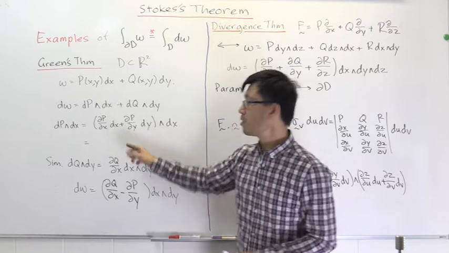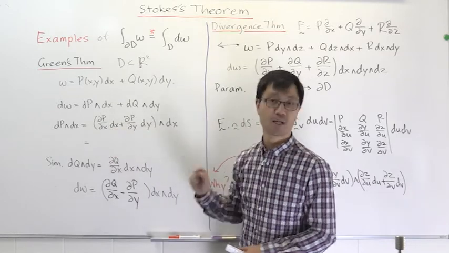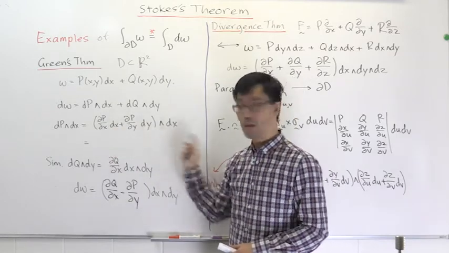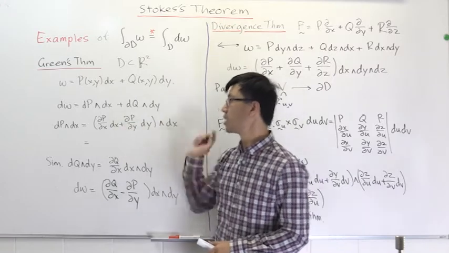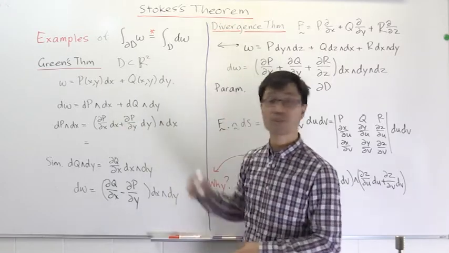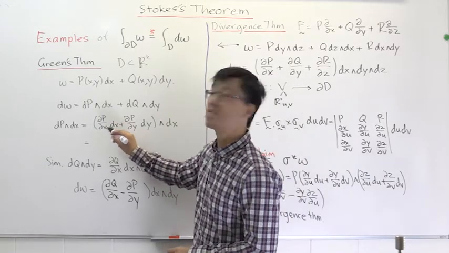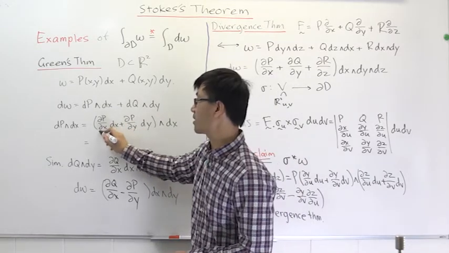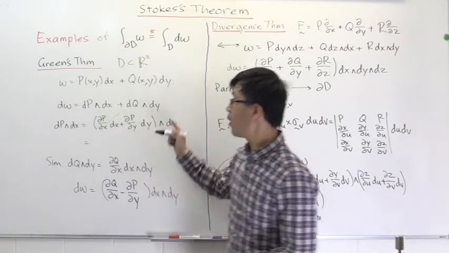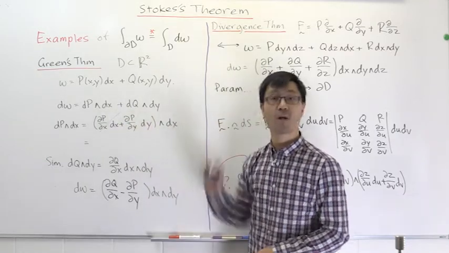And the thing that you note here is you have a dx wedge dx. And since they're the same, by the definition of how we did the wedge product, that term has to be 0. That's part of this alternating multilinear algebra fact. So that part is 0, and all we're left with is this wedge product here.